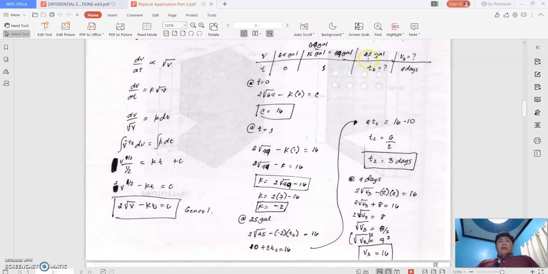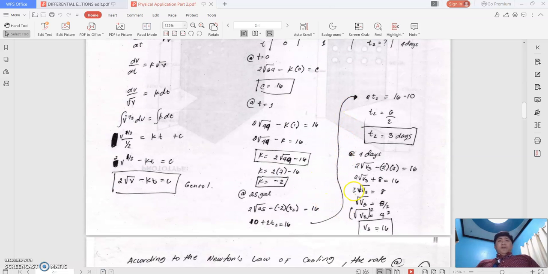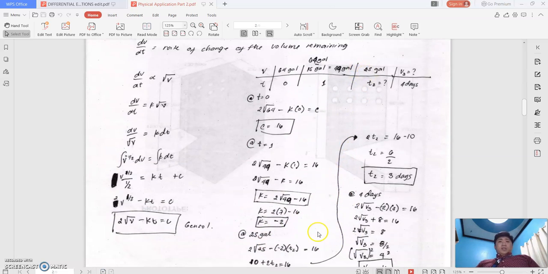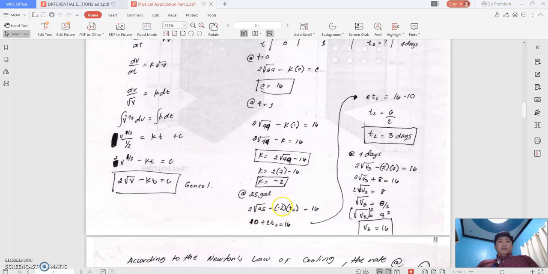So, after that, 25 gallons. Now, we can solve for how many days it will take to reach 25 gallons of water inside your tank. So, here, just substitute 25 gallons. Our K is negative 2. Our time is unknown, and constant C is 16. So, the square root of 25, obviously, is 5, times 2, that is 10.